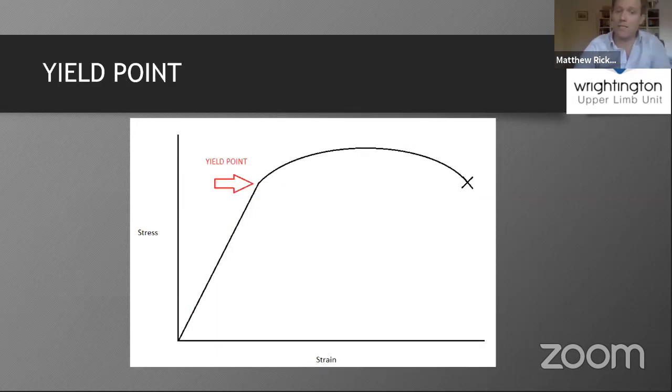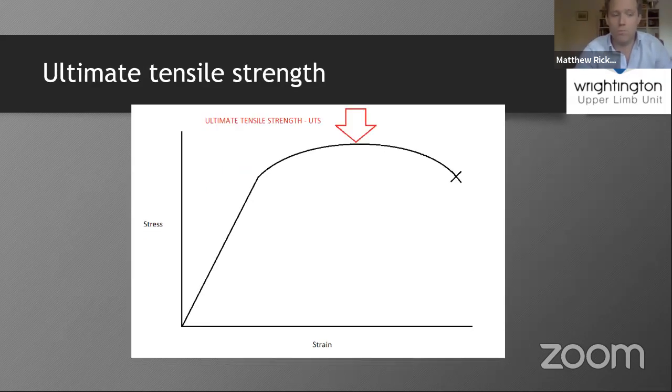So between the elastic and plastic deformation zone, there is a yield point, and this is when there's a rapid increase in deformation, which occurs with no increase in stress, and the material becomes permanently deformed beyond this point, i.e. elastic going to plastic deformation zone, which is the yield point.